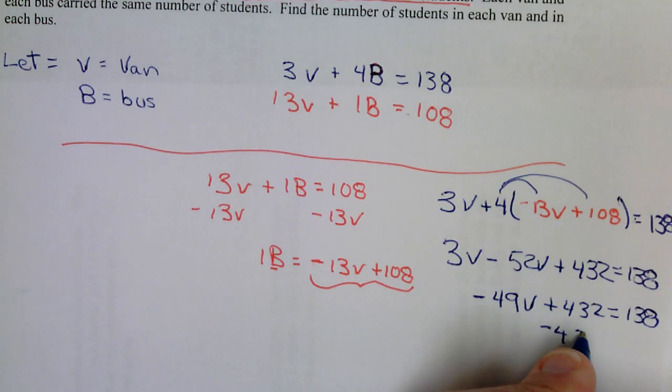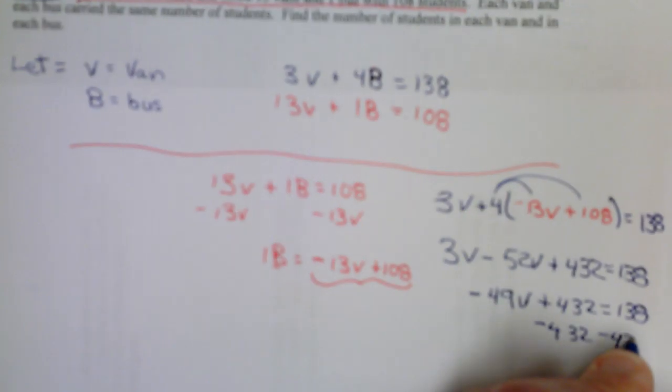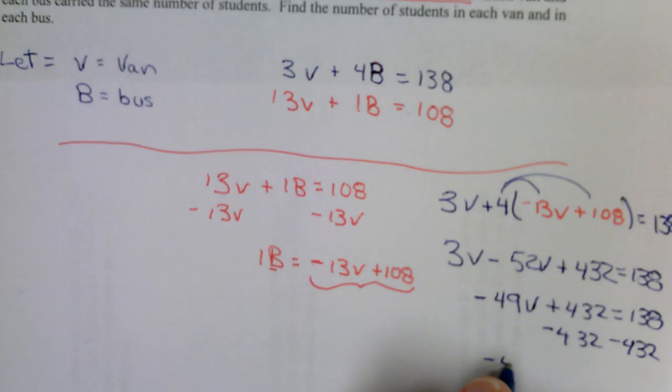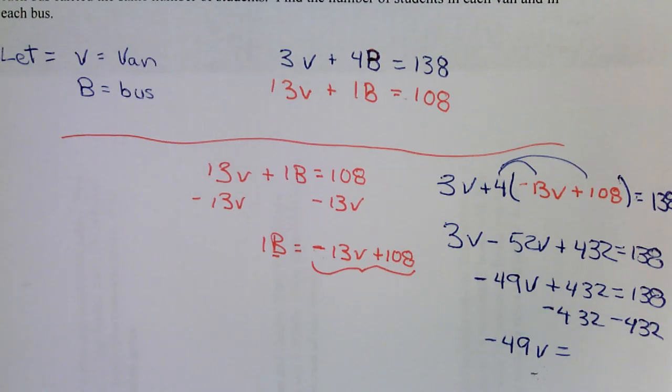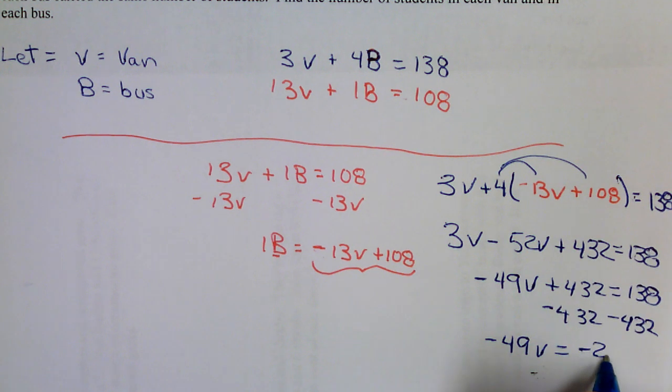Subtract 432. Hold on a second, 138 minus 432 is negative 294. So negative 49V equals negative 294.